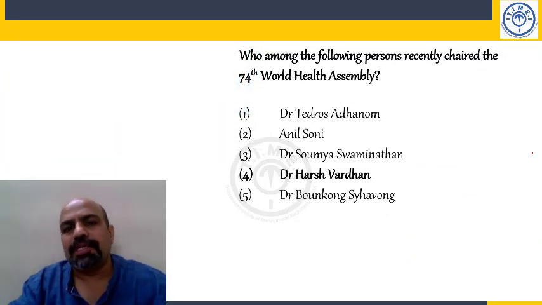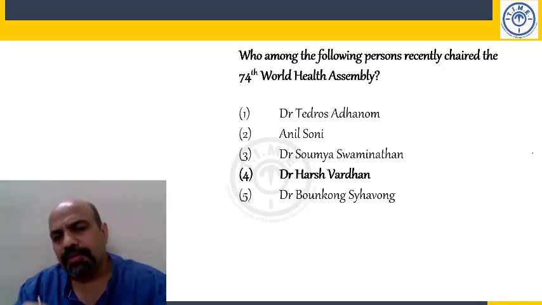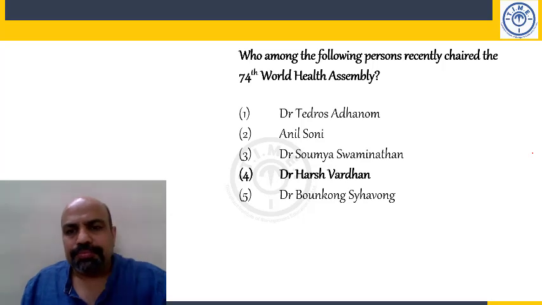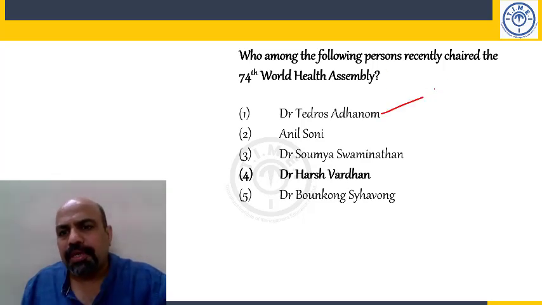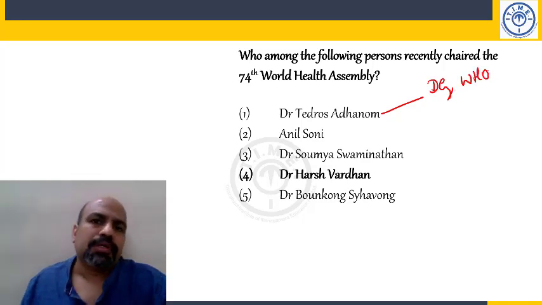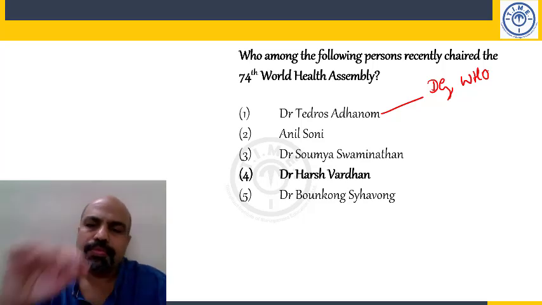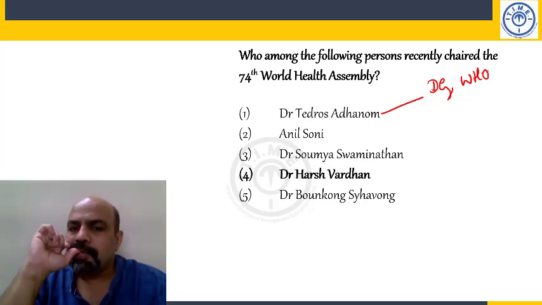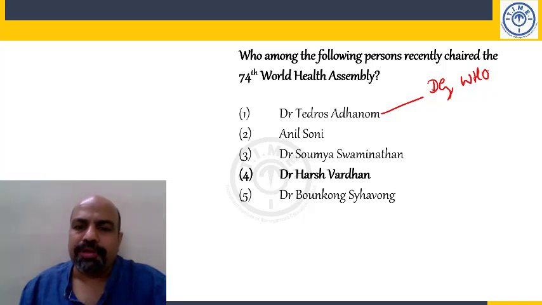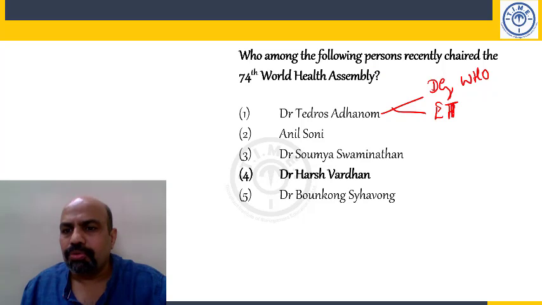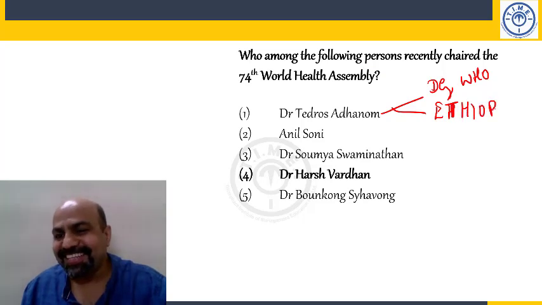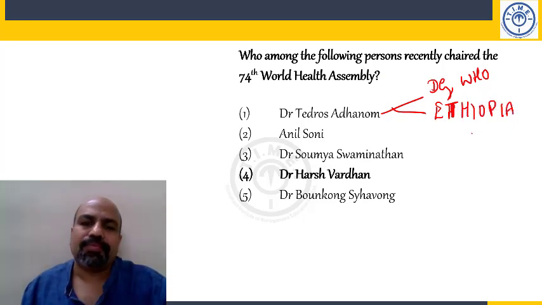Whom of the following persons recently chaired the 74th World Health Assembly? Our Health Minister, Dr. Harshvardhan. Okay. Look at this. Director General of World Health Organization, WHO. Okay. He is from Ethiopia. Where is he from? Ethiopia. Okay.